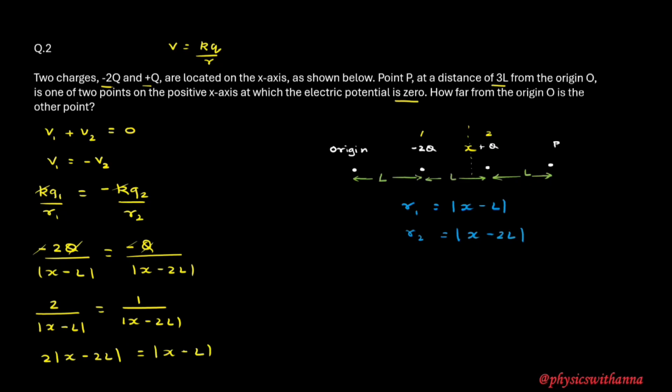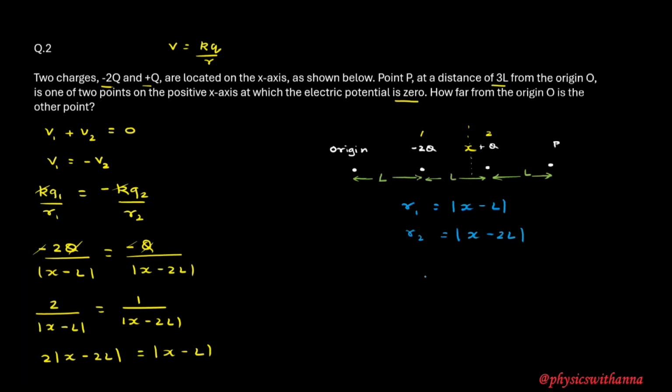Now, when you take the absolute value of something, we take only positive values. So when I remove the absolute sign, these can be either positive or negative. So I need to decide whether the values of X minus 2L and X minus L are positive or negative. Now, how do we do that? I know point X has to be closer to the smaller charge for electric potential to be 0.